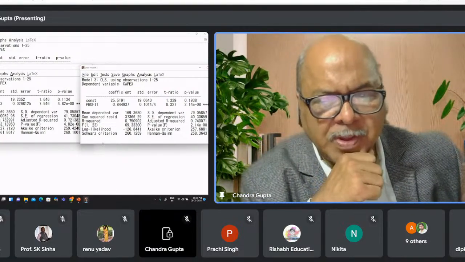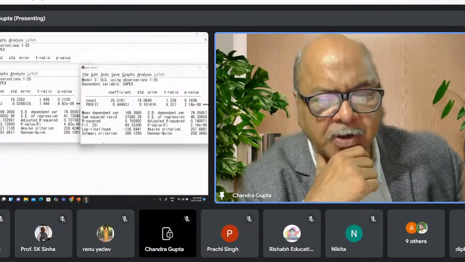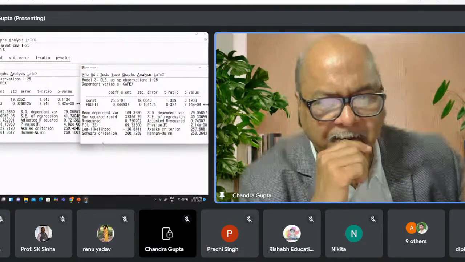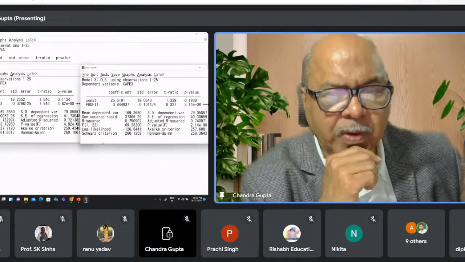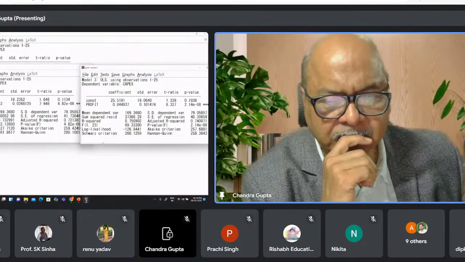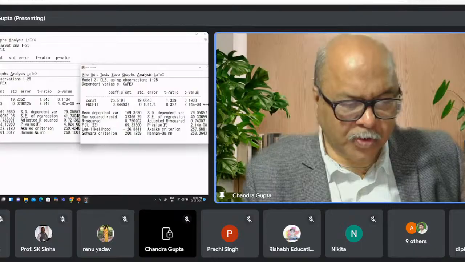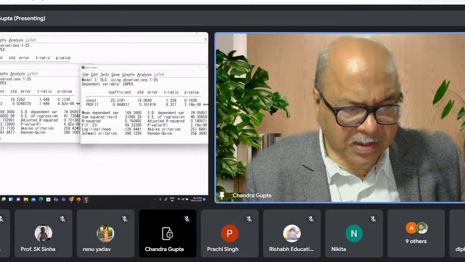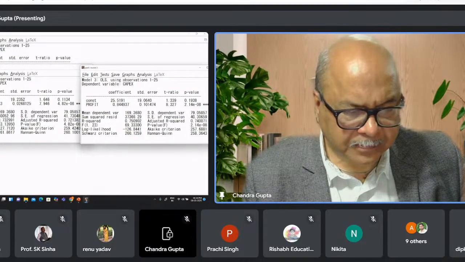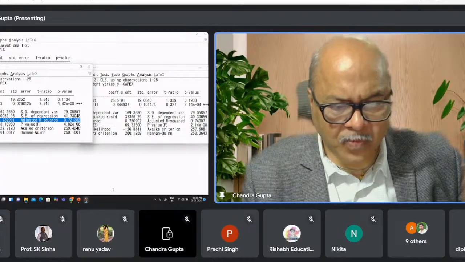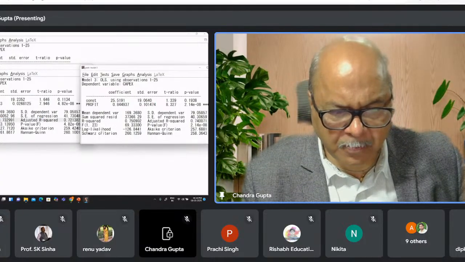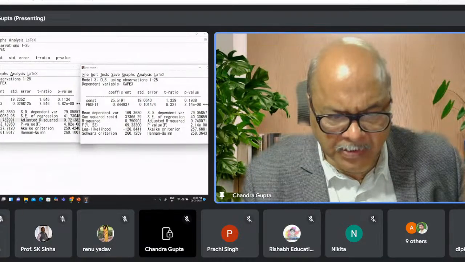Anyone who will give me the answer, which one should I prefer? What we look at is R-squared. Whose R-squared is higher? When you take size, R-squared is 73.29. And when I take profit, my R-squared is 75.